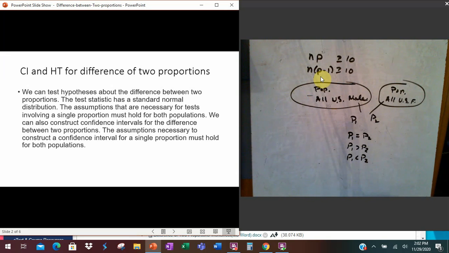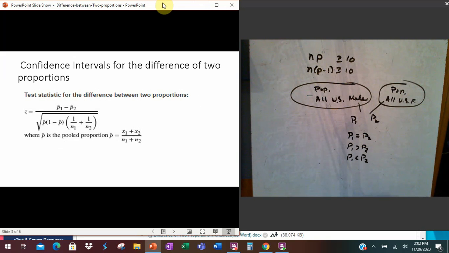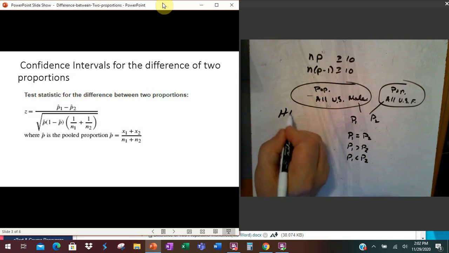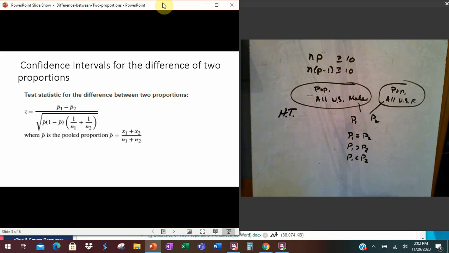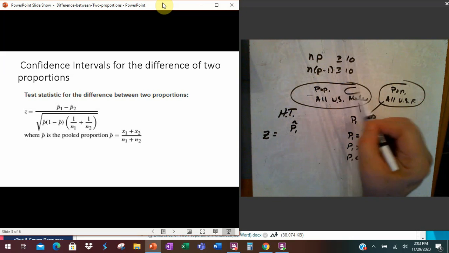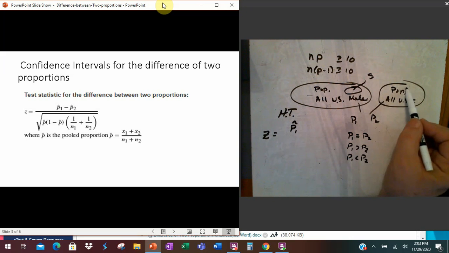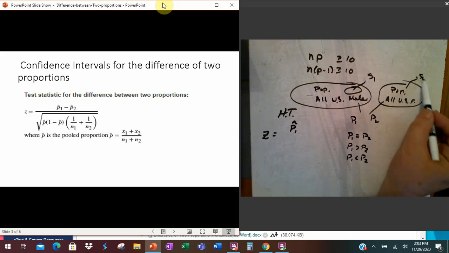Let me get my eraser here, and now we're going to go on to our slide. So here's the test statistic for the difference between two proportions. If I want to do a hypothesis test based on this, I'm going to use a Z-type test statistic. To determine this, we're going to go over here and get a sample and go over here and get another sample.